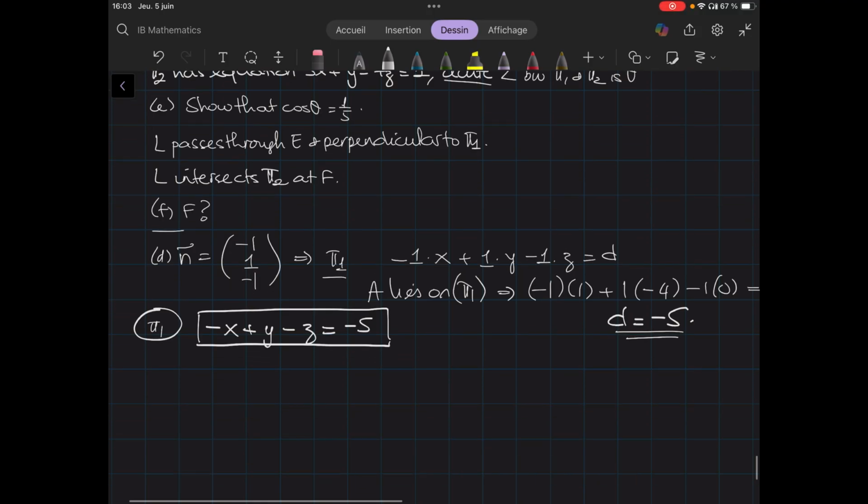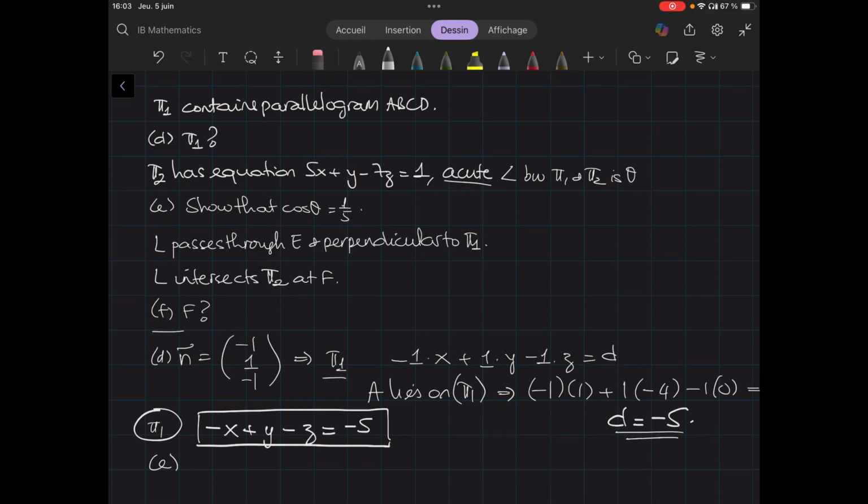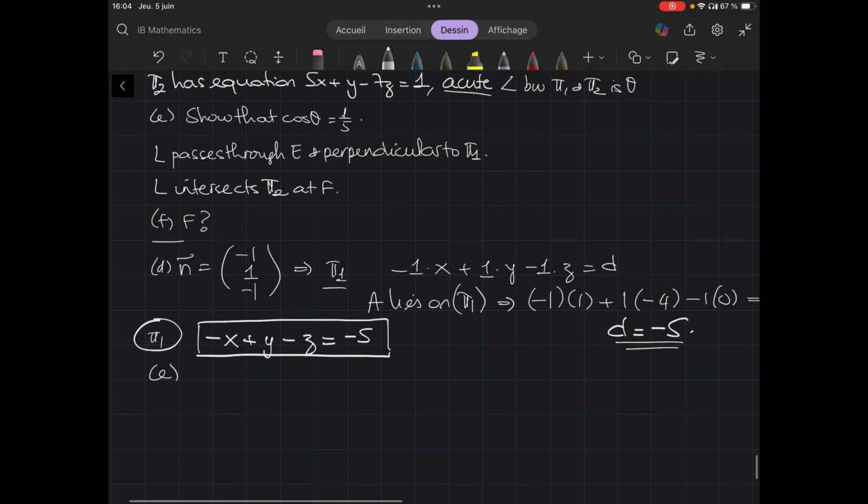Part E. You're given the equation of pi 2, and you're given that the acute angle between pi 1 and pi 2 is theta. So this is a book standard question once again. The normal vector for pi 2 is 5, 1, and -7.